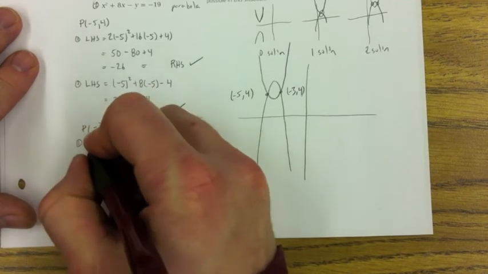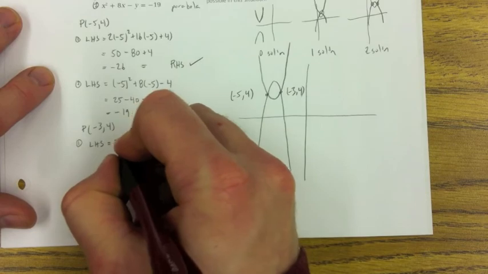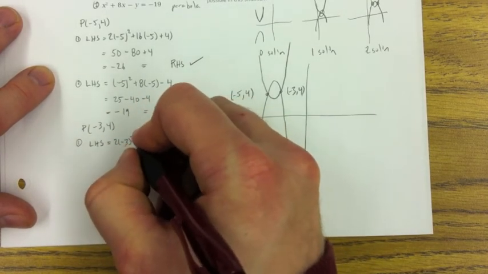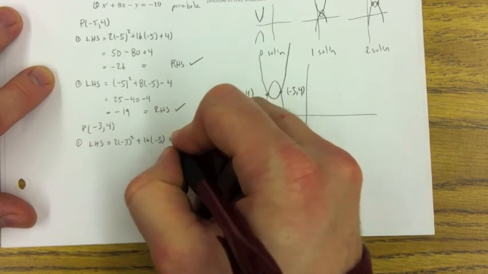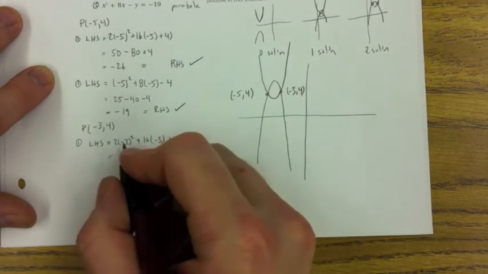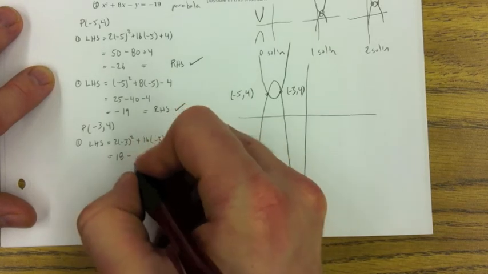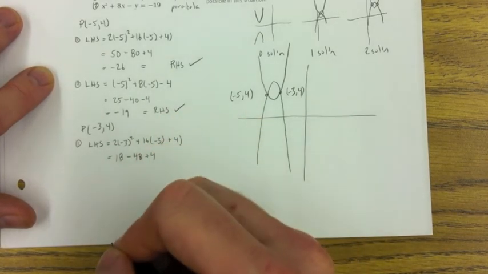So into the first equation, the left-hand side of the first equation gives us 2 times -3 squared plus 16 times -3 plus 4. 2 times -3 squared is 18 minus 48 plus 4.